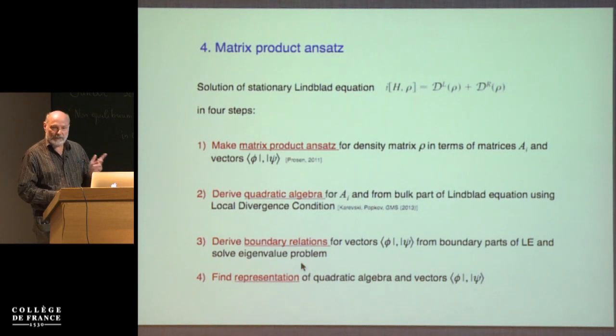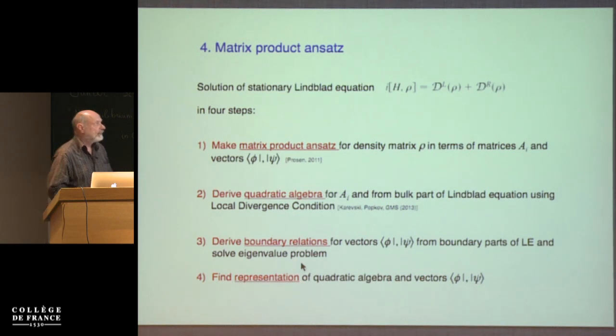Also, the previous algebra we saw with the exclusion process was a quadratic algebra because it's bilinear in the matrices that appear. Then we have to derive boundary relations for these vectors from the boundary parts, from the dissipator parts, and solve some eigenvalue problem. Then finally, you have to find a representation for this quadratic algebra. That's the program.